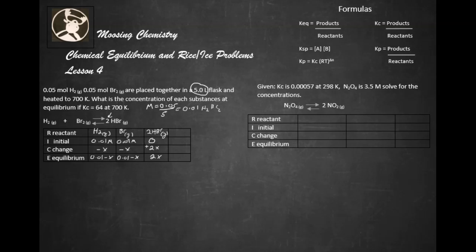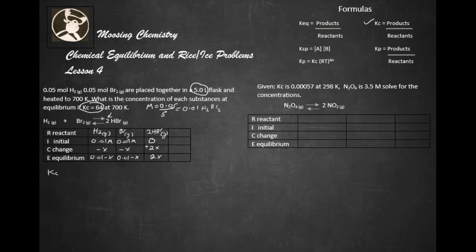Now, let's go ahead and set up our problem. We're using Kc, which is products over reactants. Our Kc value is 64, right?